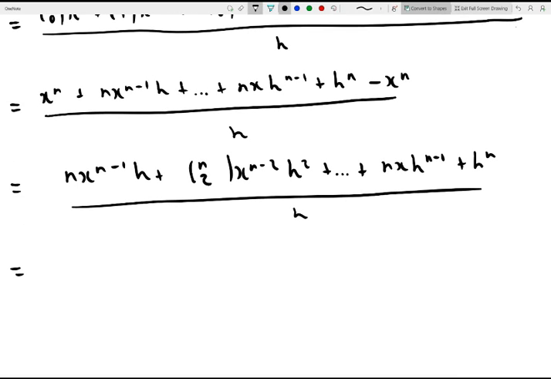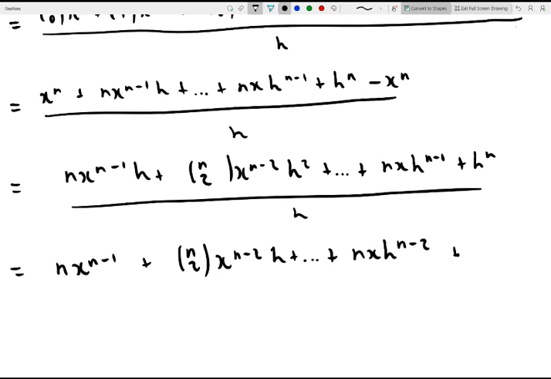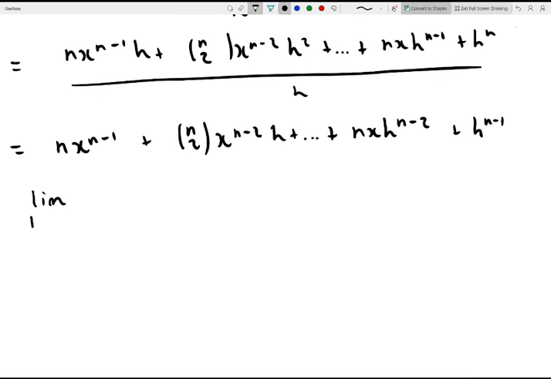Now you'll see that all the terms there contain an h, so we can divide through, so we just have n x to the n minus 1 plus n choose 2 x to the n minus 2 h plus everything in the middle plus h to the power of n minus 1, and then taking the limit as h tends to 0 of this means that all the terms that contain an h will disappear, so we're just left with n times x to the power of n minus 1. And that's the final solution.